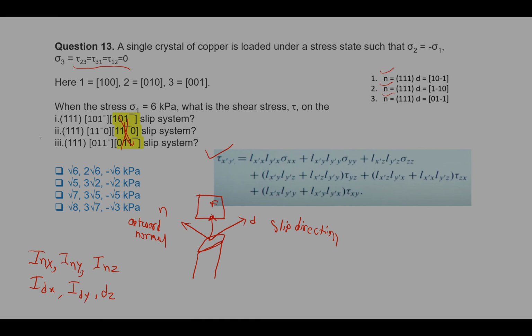So how can we calculate these values? I'll calculate for option number 1. Then later you can calculate for option number 2 and option number 3. Okay. So first I'll calculate for tau xx or 1. We can say tau 1 since this is the x direction we have written as 1.